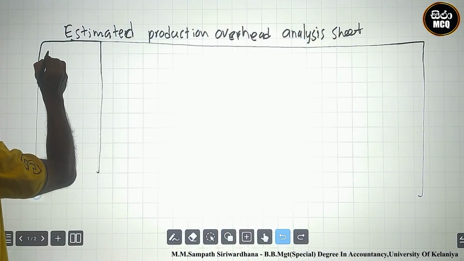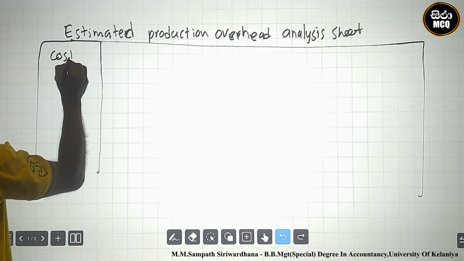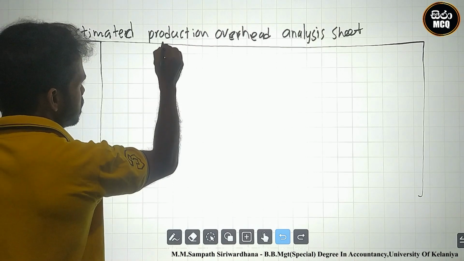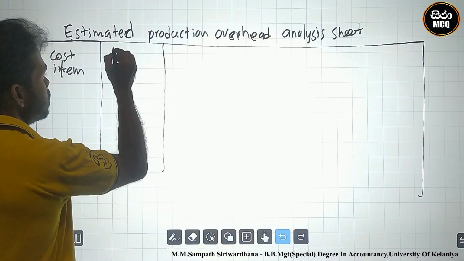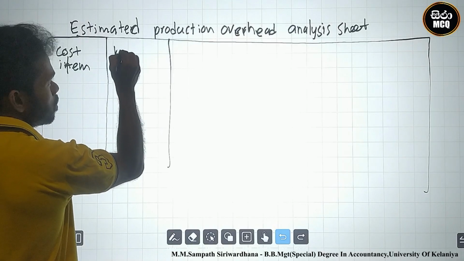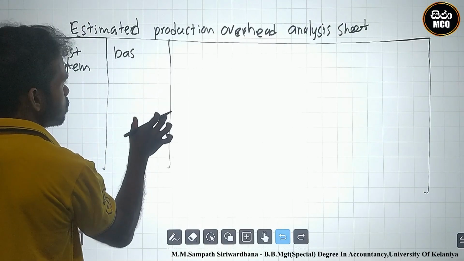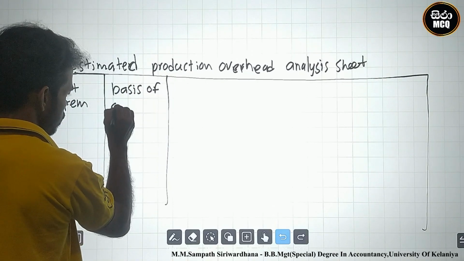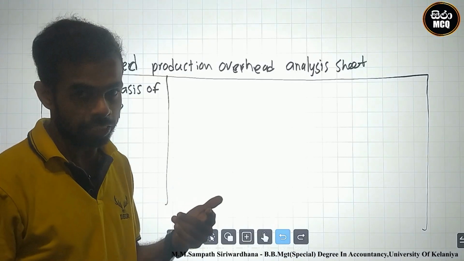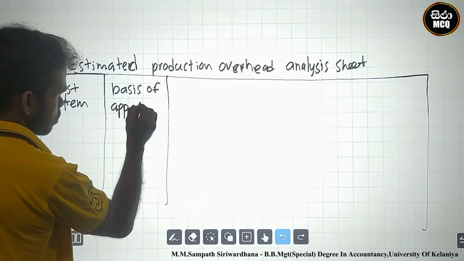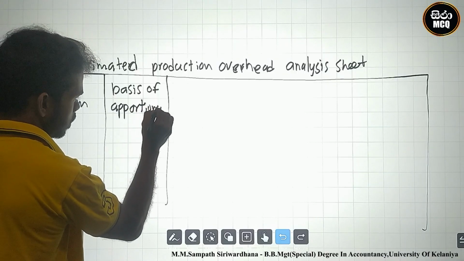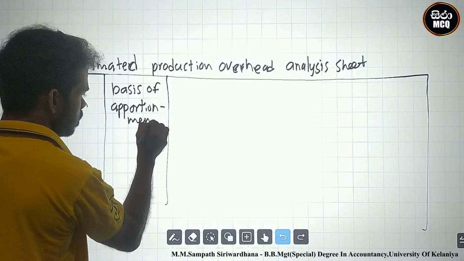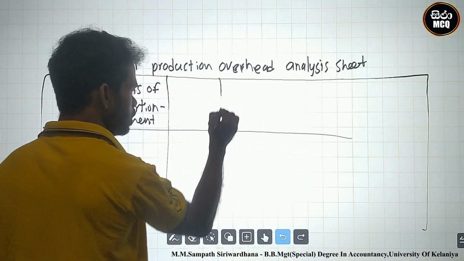Firstly, you identify the cost item. The next column is the basis of apportionment. Apportion means dividing. The next column is total cost.